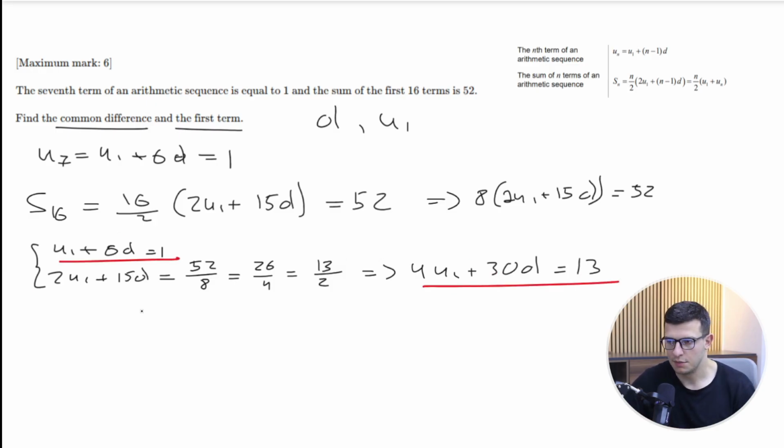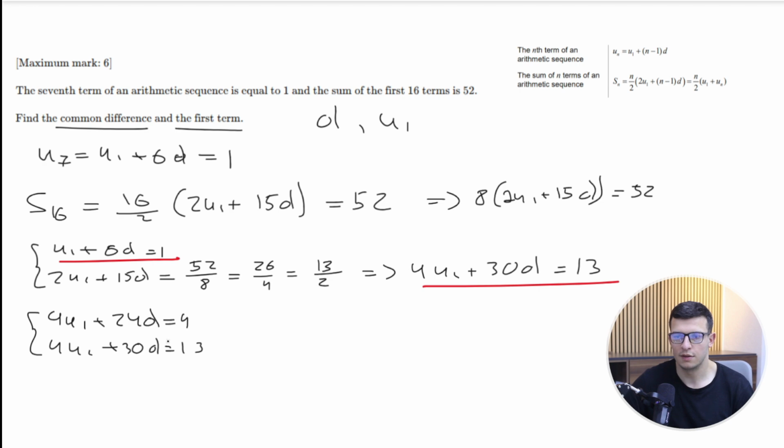Try to use the elimination method, but to do that I might need to multiply my first equation by something. So let's do it by 4. So 4u1 plus 24d is going to be equal to 4, and this is the second equation, equals 13.